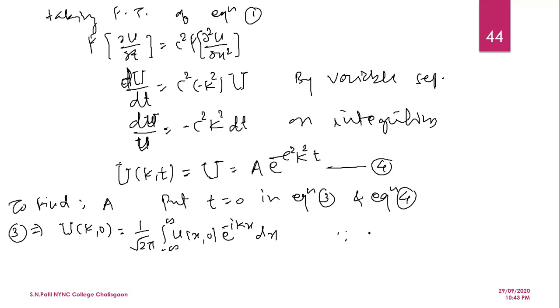Now from equation 2, u of x comma 0 is equal to 2 when x lies between minus 1 to 1, otherwise 0. So accordingly adjust the interval: U of k comma 0 is equal to 1 upon under root 2 pi, integral from minus 1 to 1, the remaining value being 0, of u of x comma 0 e raised to minus ikx with respect to x.